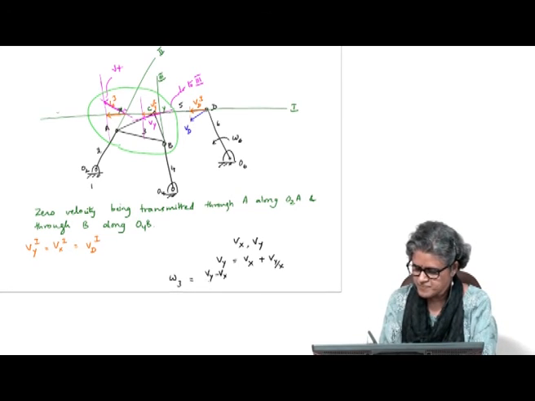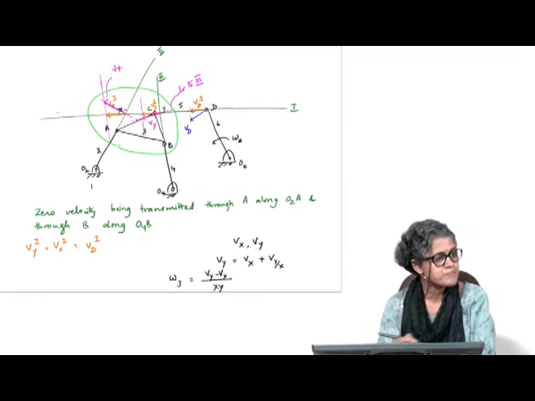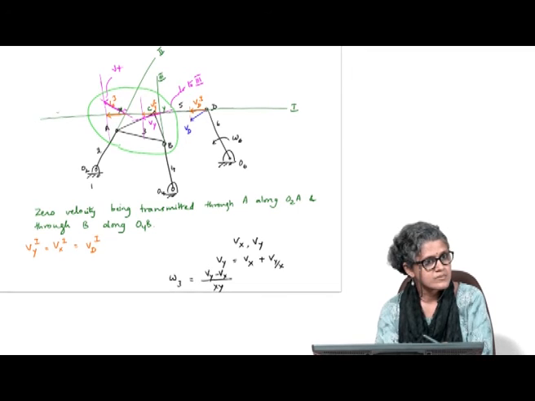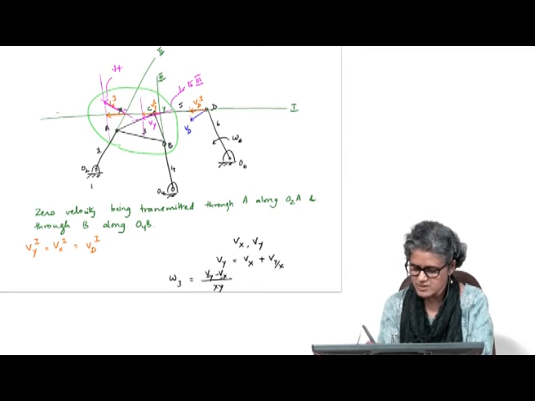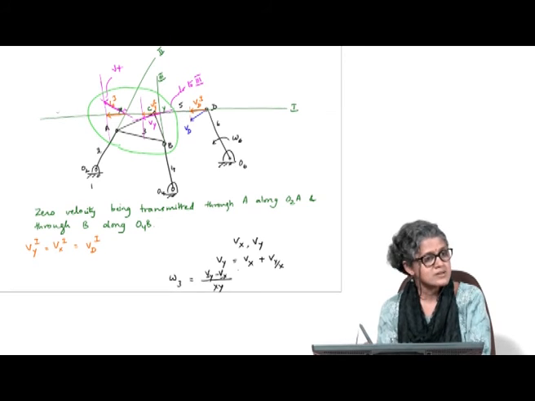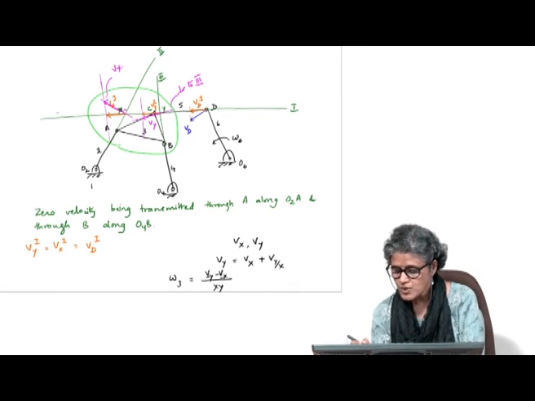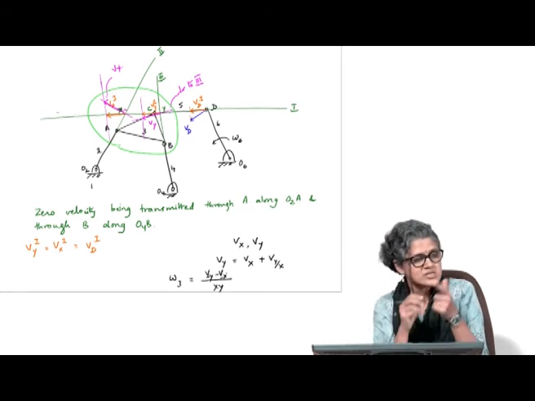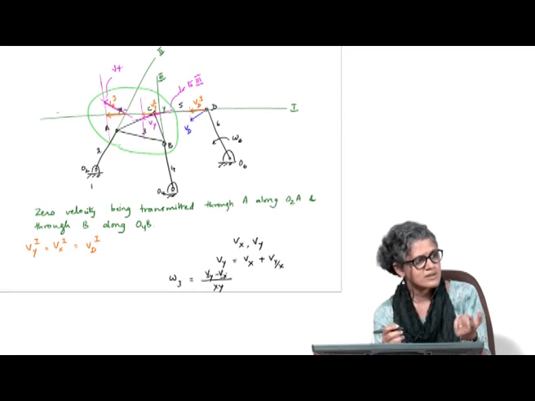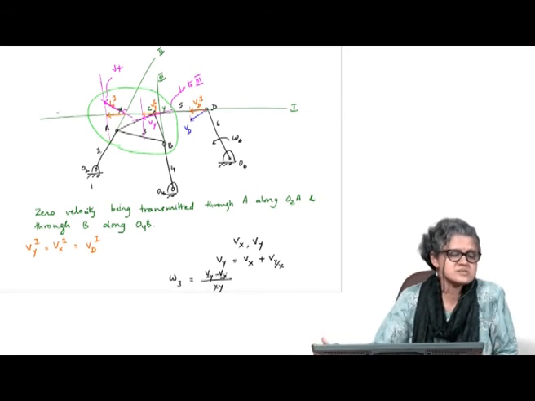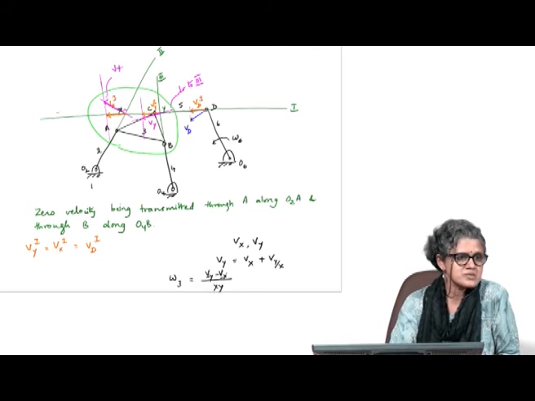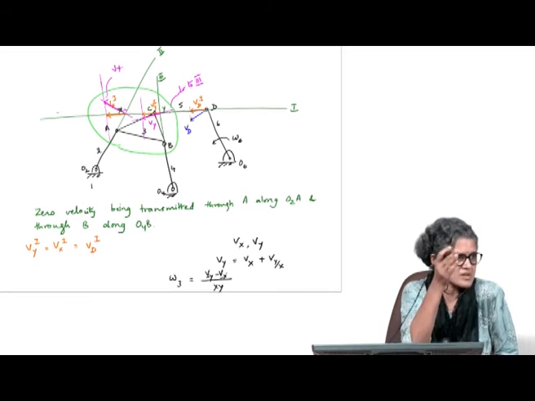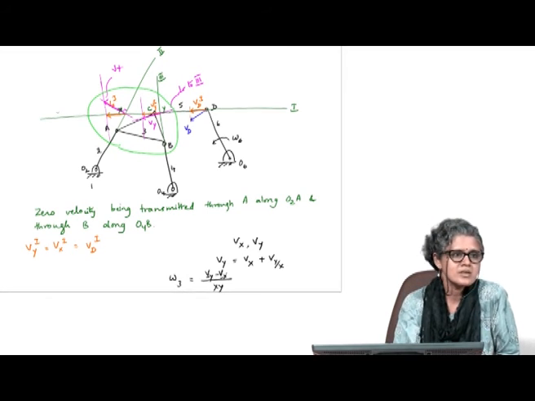Omega 3 is Vy minus Vx by xy, vectors. So I know omega 3. Once I know omega 3 and the velocity of any point on a link, for the velocity of any other point on the link I just keep applying this equation, or by image, I just construct the velocity image for that link.